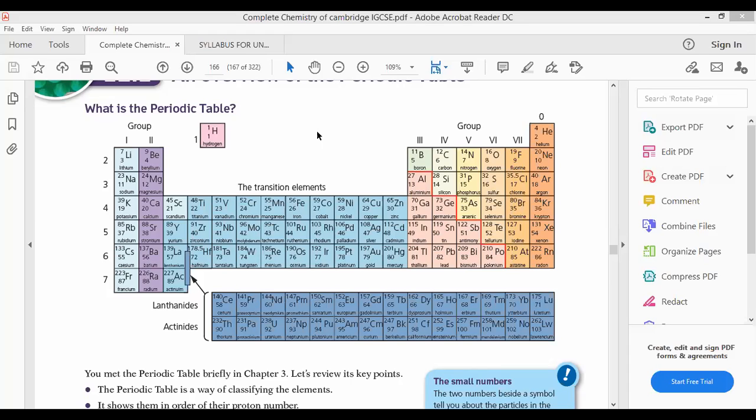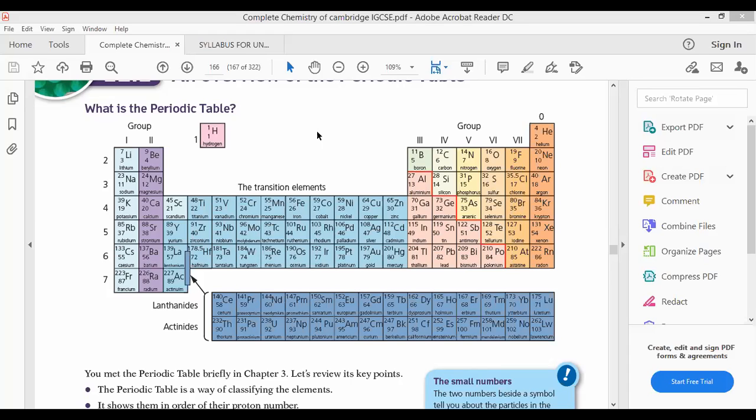Next, our question is, and I want to explain the answer. I asked the question before: how do they arrange elements in the periodic table? Do you remember? You said there is a number. I said atomic number.